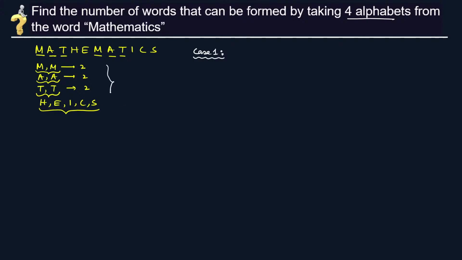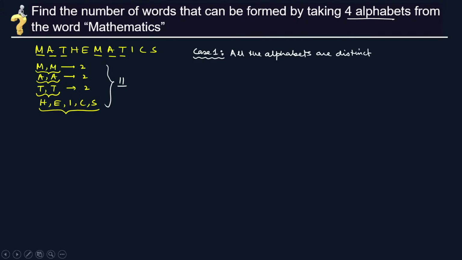So case 1 is we first select 4 alphabets. Now first we are considering that all the alphabets are distinct.